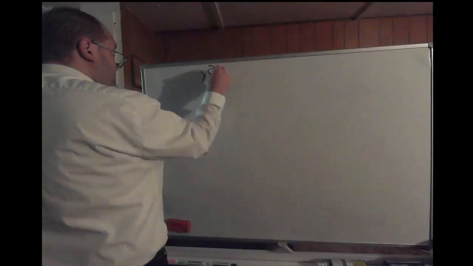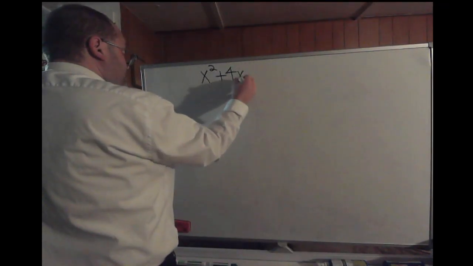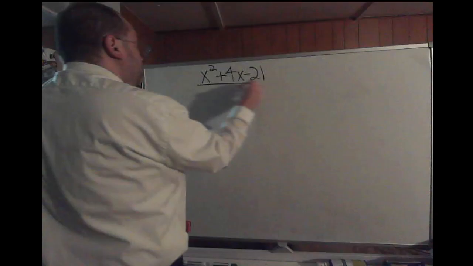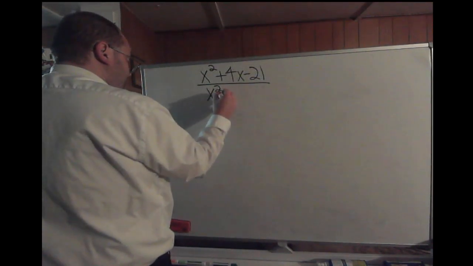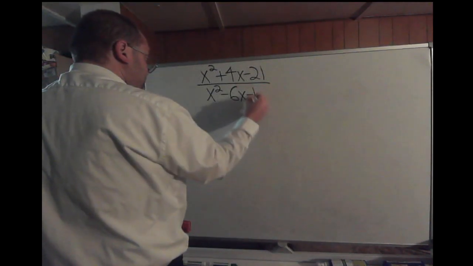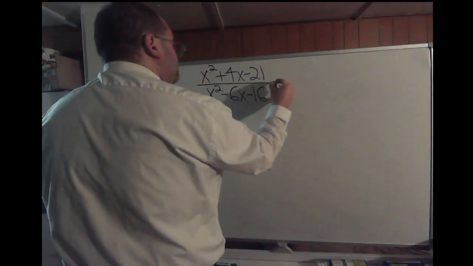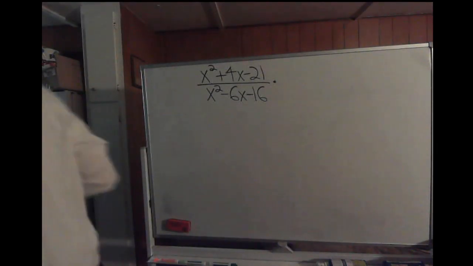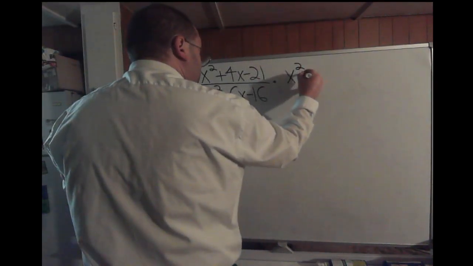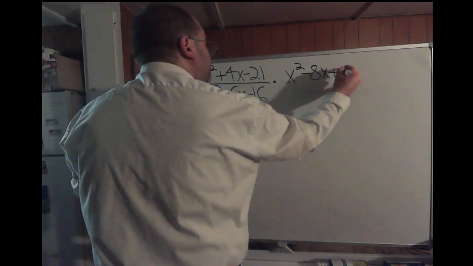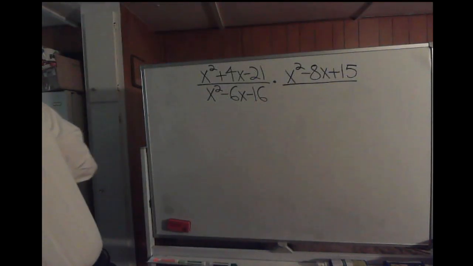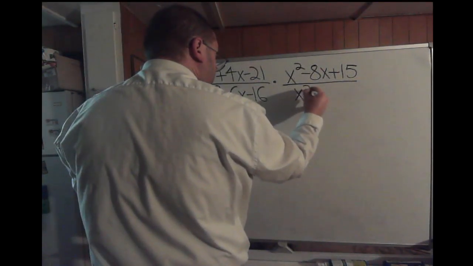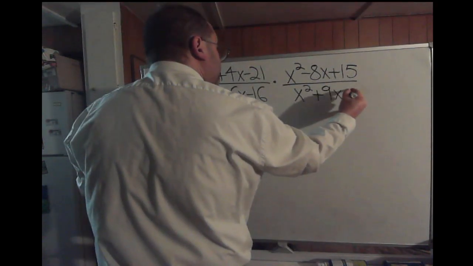So let's see, x squared plus 4x minus 21 all over x squared minus 6x minus 16, times the quantity of x squared minus 8x plus 15 all over x squared plus 9x plus 14.